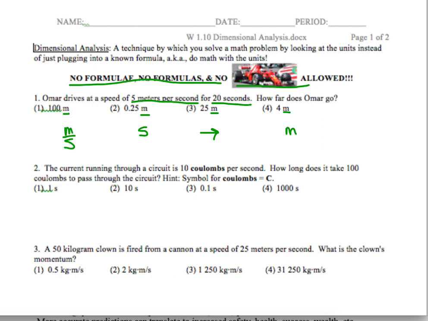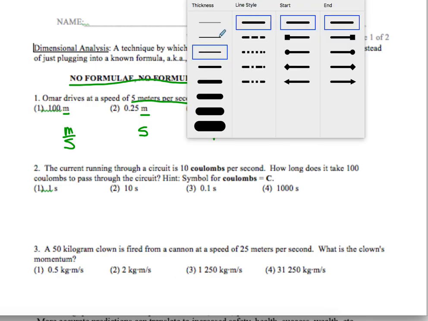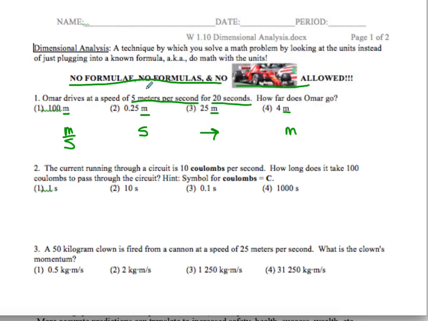Now I want you to realize here, there are not unlimited choices. Basically, you can multiply these two, or you can take the first one and divide the second, or the second one and divide the first. One of those three is going to give you the answer, most likely.